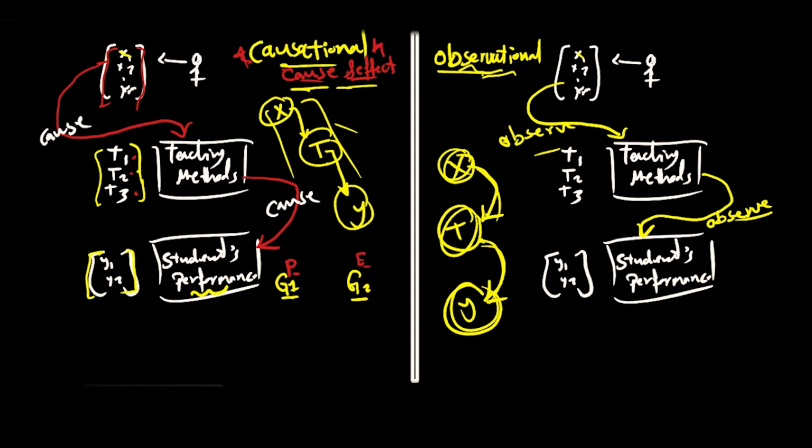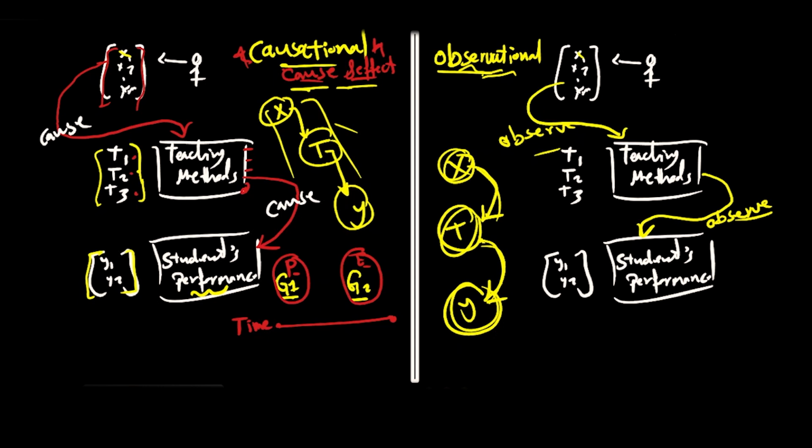Since my claim says that teaching methods have effects on students' performance, I would construct a timeline to start to manipulate those teaching methods by applying them at different times on each group.